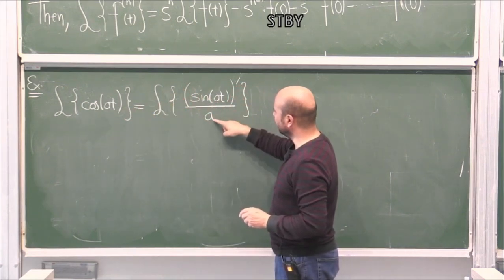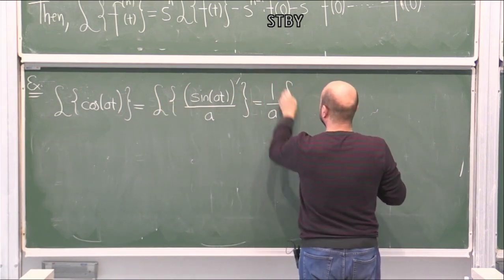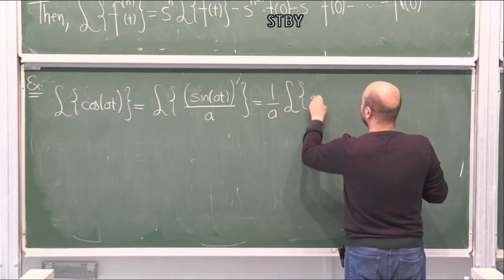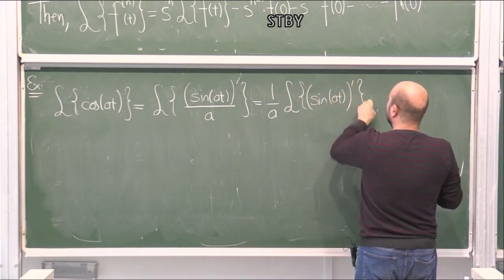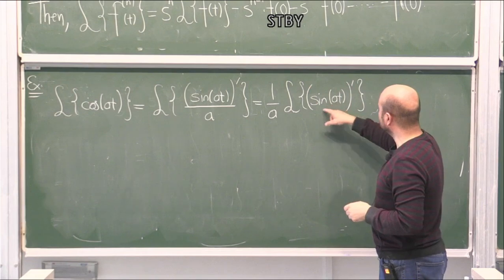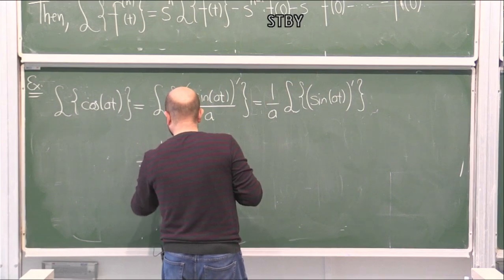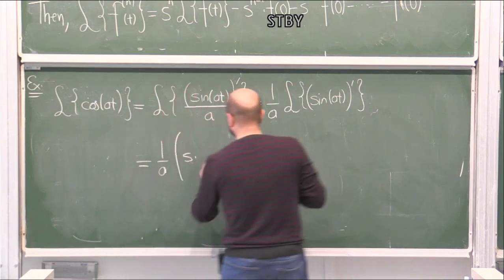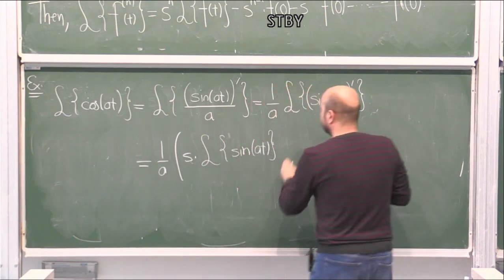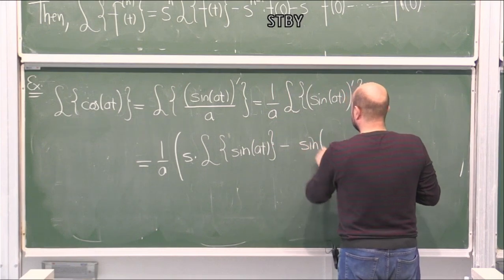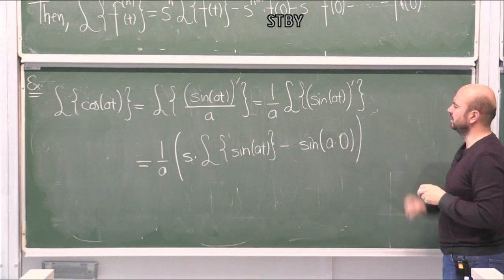Now, the constant a, the linear property says you can take it out: 1 over a, Laplace of sine at's derivative. Now we can use the formula. This is 1 over a there, s times Laplace of sine at, minus sine a times 0.